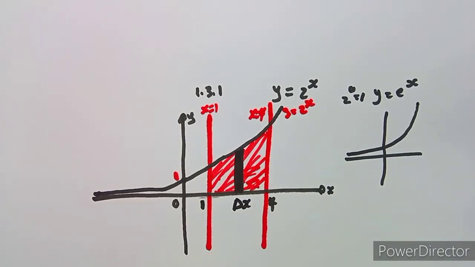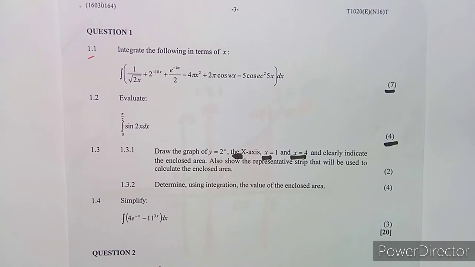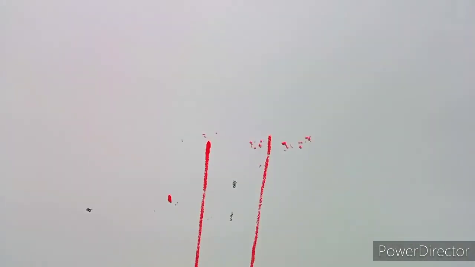All right, so that is what we had there on 1.31, that you just need to indicate the area enclosed by that graph. Then on 1.3, to determine now using integration the value of the area enclosed. So remember, area is just the integral. That is area, guys. The first thing on the applications of integration is to calculate area.